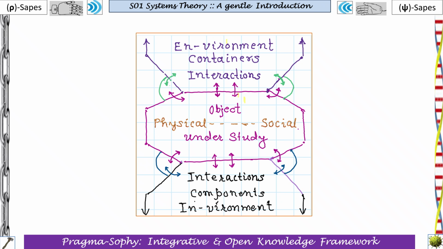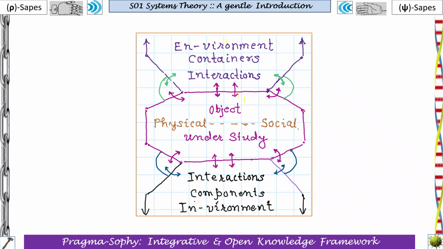Whether our object is a physical phenomenon like a charged sphere, a complex social structure like a bank, or a human mind, the same principles apply. We identify the object, explore its environment, map its internal components, and study the interactions that weave it all together.